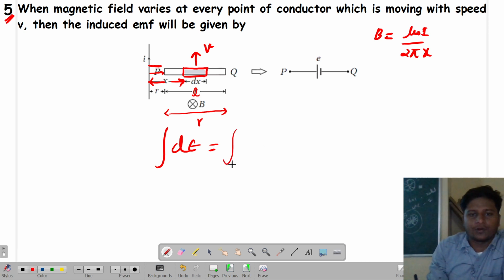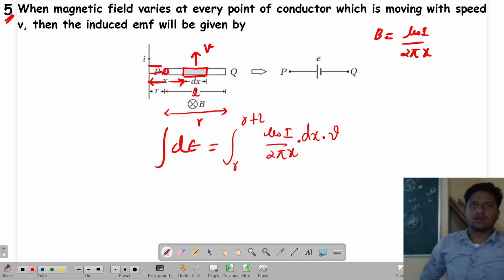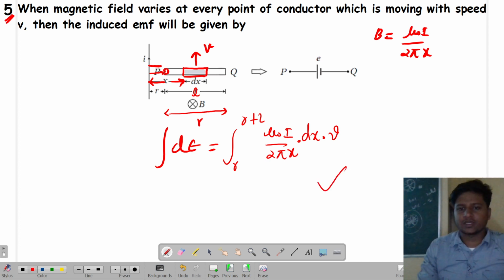So now look over here. The integral will be from where to where? From this end R to R plus L of mu naught I by 2 pi x into dx into velocity v, yes or no? This will be the term or not? Right or not? Can you do this or not? After that, it is your work to do it. Okay? Understood?